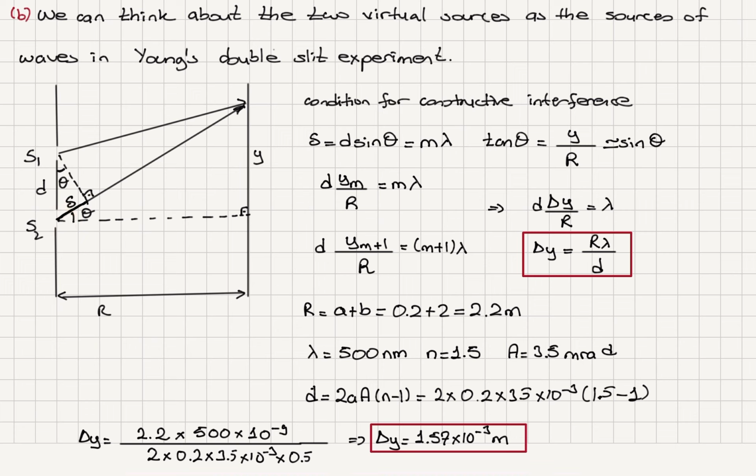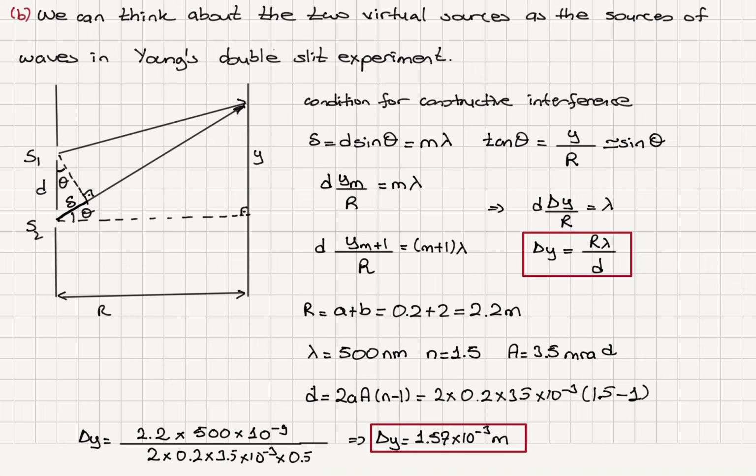And the path difference must be equal to an integer multiple of wavelengths for them to interfere constructively on the screen. And tangent of that angle theta, because this is 90 minus theta, this is theta here, is the position on the screen y divided by R. So if I take this as the 0 point.